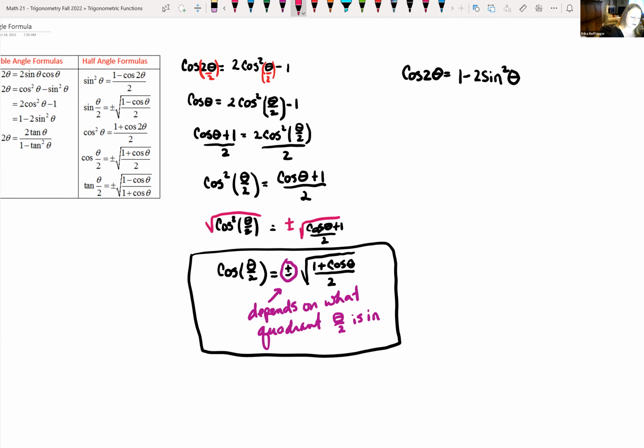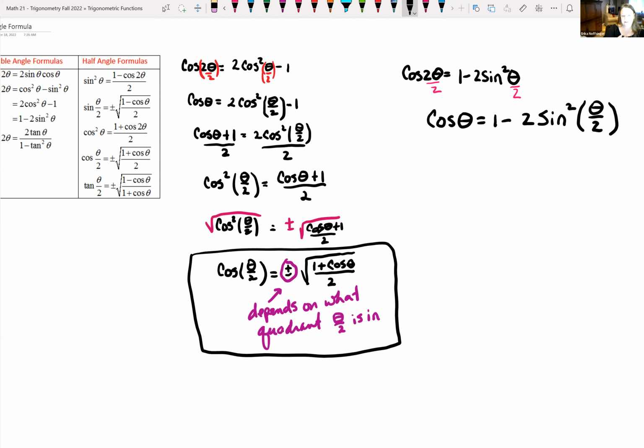And so we can rewrite this: cosine of theta is equal to 1 minus 2 sine squared of the angle theta divided by 2.